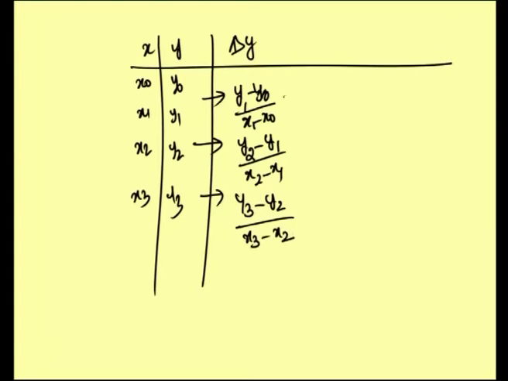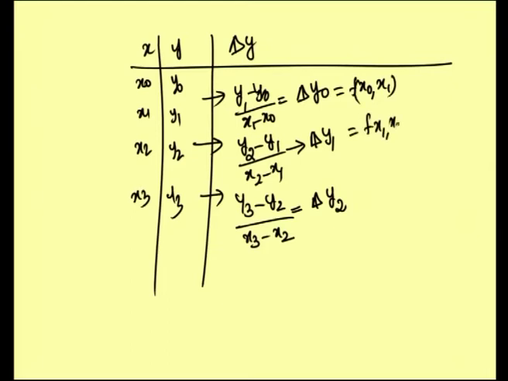These are represented as del y0, del y1 and del y2, which are f of x0 comma x1, f of x1 comma x2 and f of x2 comma x3.